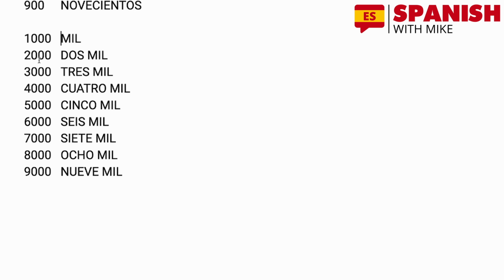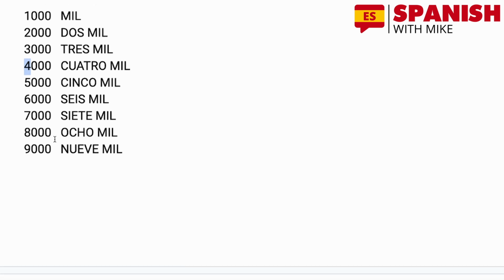And from this point on, it's pretty much easy because we have 2,000 for dos mil, 3,000 for tres mil, 4,000 for cuatro mil, 5,000 for cinco mil, 6,000 for seis mil, 7,000 for siete mil, 8,000 for ocho mil, and 9,000 for nueve mil.